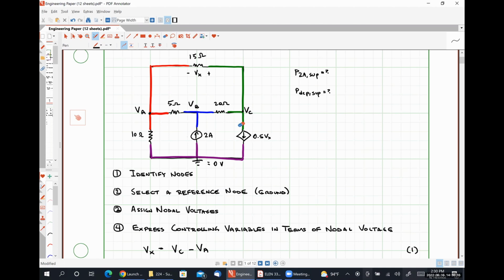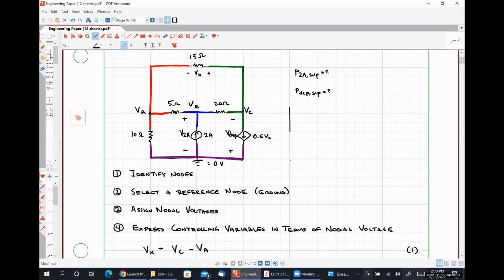So for our 2 amp source, and since we're calculating supplied power, what we're looking for is a voltage having this polarity. So I'm going to call this V 2 amps. And for our dependent source, again, we're calculating supplied power. So I want the current flowing into the negative polarity terminal. So we're going to call this voltage V dependent.